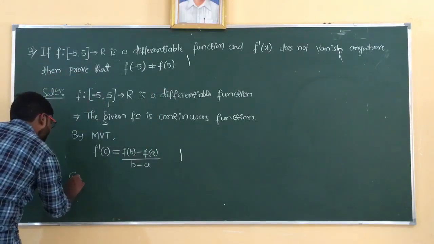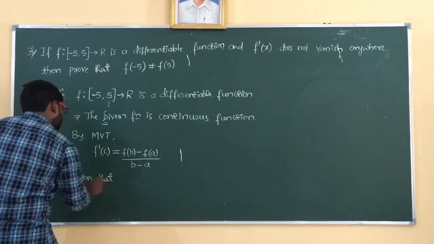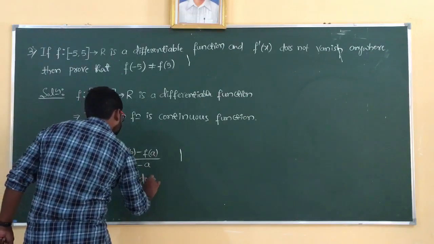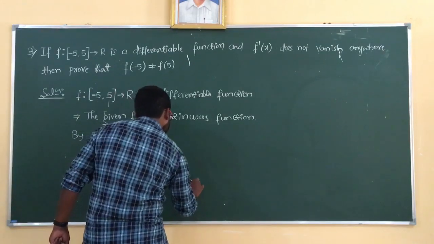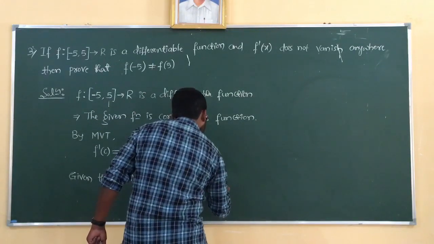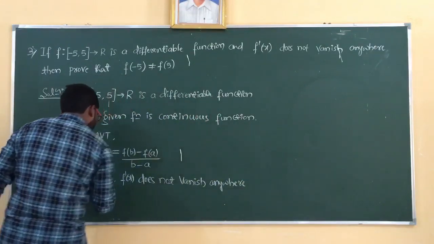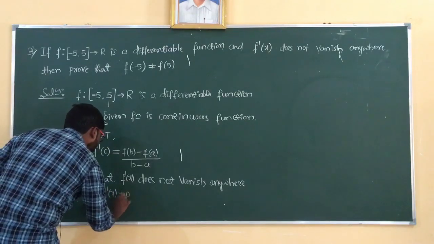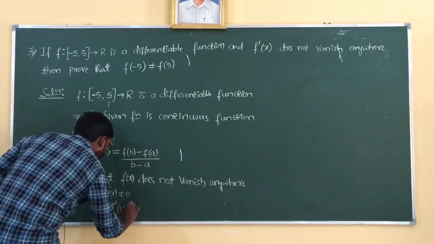Given that f dash of x does not vanish anywhere. So, that means f dash of x is not equal to 0. This implies f dash of c is not equal to 0.